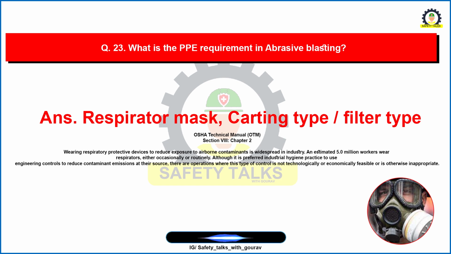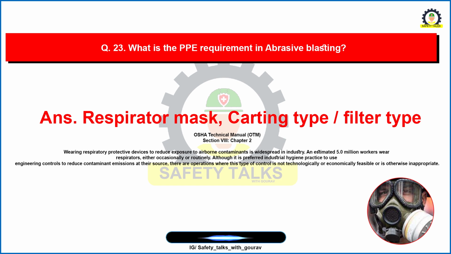Why? Because according to the OSHA Technical Manual (OTM), Section 8, Chapter 2, wearing respiratory protective devices to reduce exposure to airborne contaminants is widespread in industry. An estimated 5.0 million workers wear respirators either occasionally or routinely.